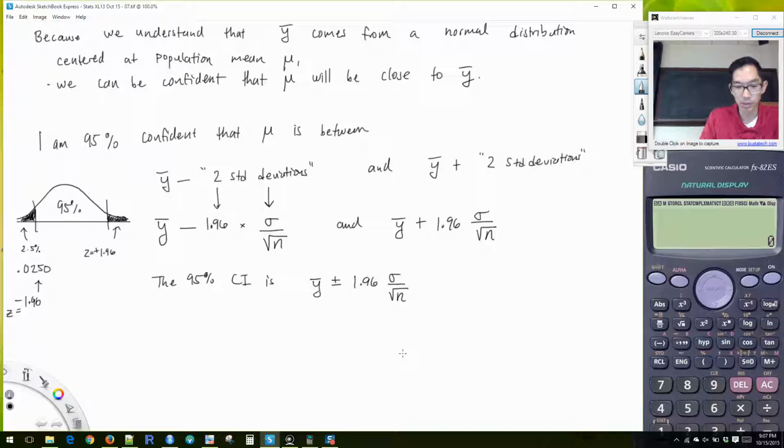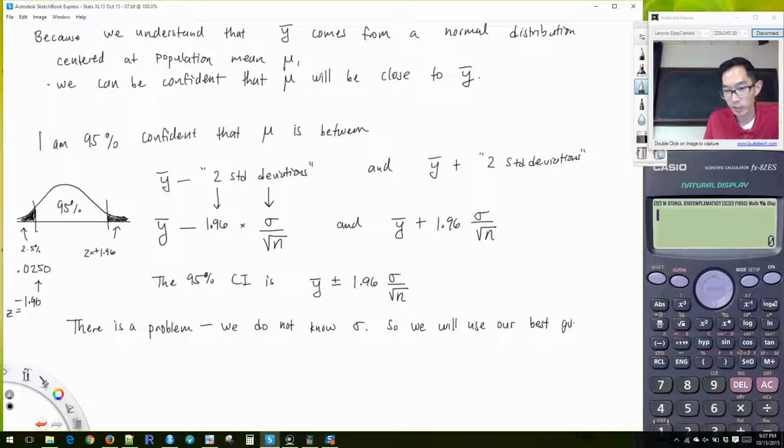So let me write all of this, okay? There is a problem, okay? We do not know sigma, okay? So we will use our best guess for sigma, which is our sample standard deviation, S, okay?